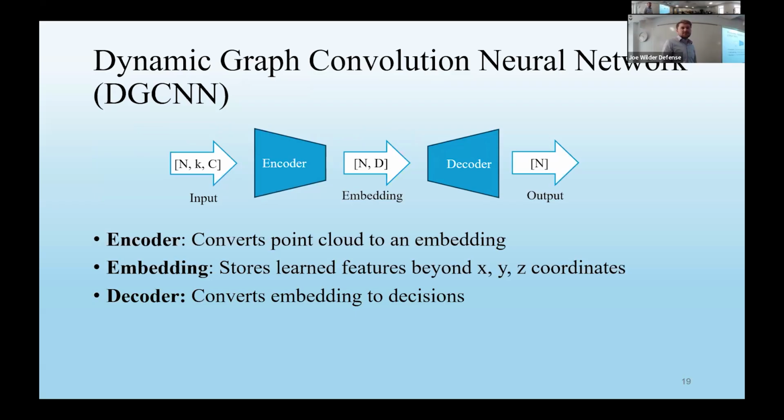All of these neural networks have a similar high-level structure, and they follow the pattern of using an encoder to make embeddings and a decoder. So the input, again, will be the point cloud. To get more specific about the dimensions of the point cloud, you have n, which represents the number of points in a point cloud.